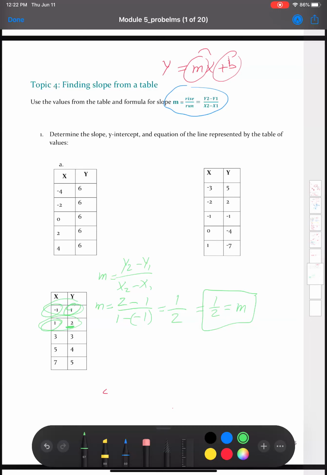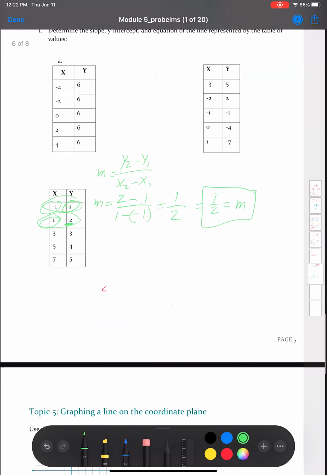Now if we graph this, we can see what our y-intercept is. So let me graph it real quick. This is our y-axis, here's our x-axis. I'm just going to graph these points.